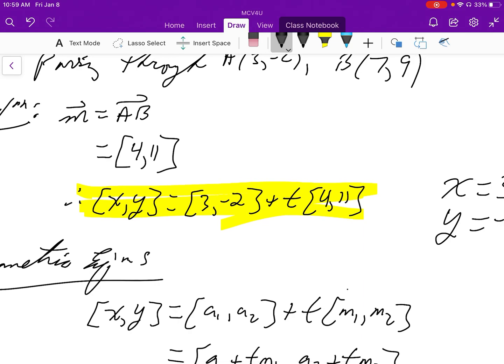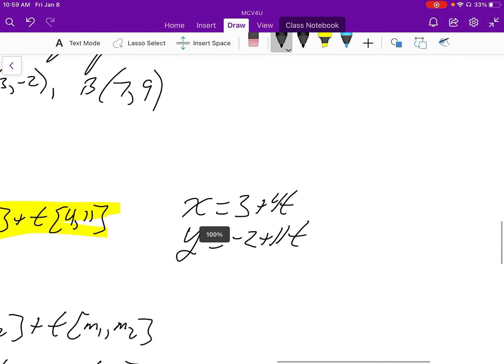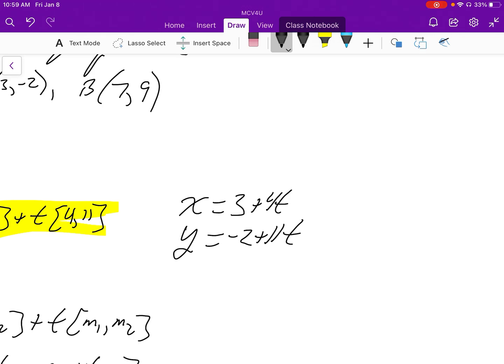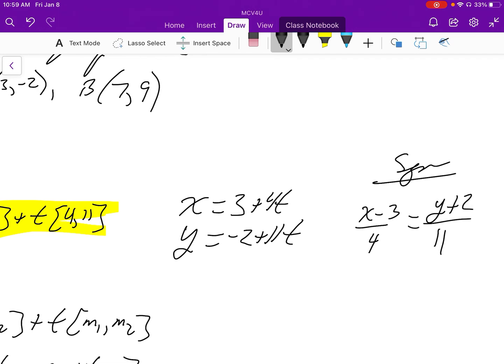The vector equation gives us the parametric equations, and for the symmetric equation, you isolate. So you have (x minus 3) divided by 4 is equal to (y plus 2) divided by 11. Okay, that's what we have.